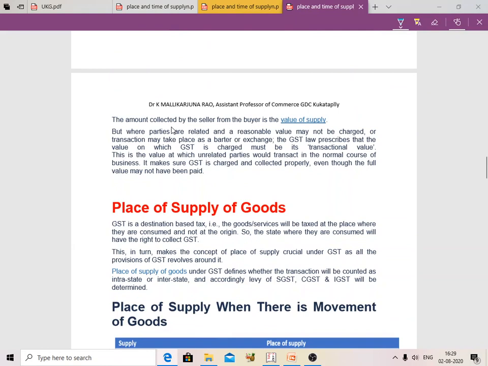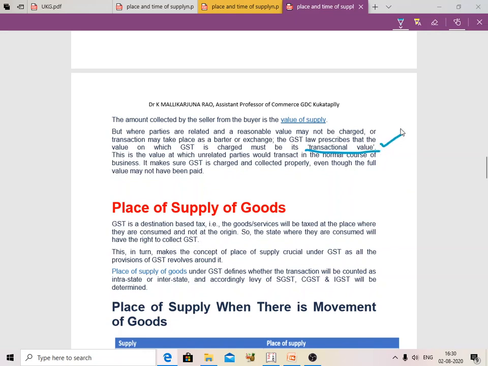But where the parties are related and a reasonable value may not be charged, the transaction can take place as a barter or exchange. The GST law prescribes that the value on which the goods are charged must be the transactional value. It is very, very important.